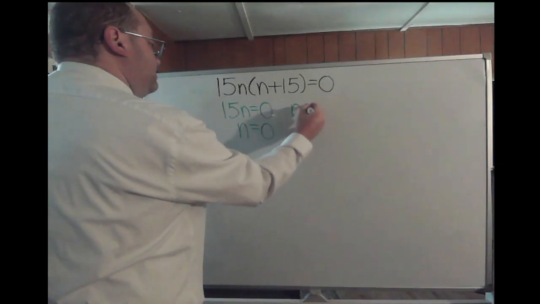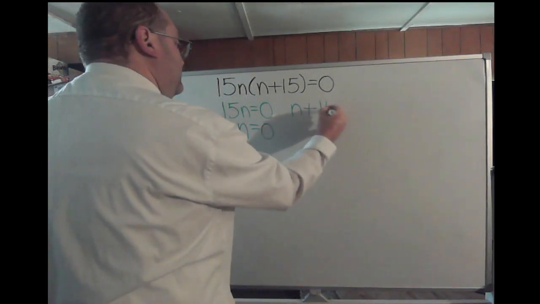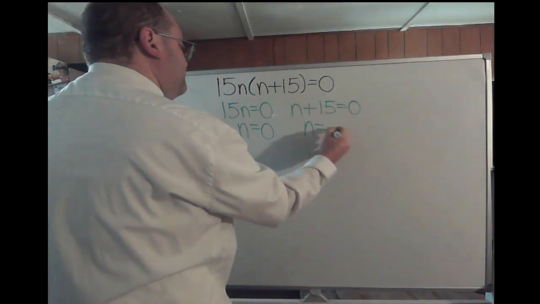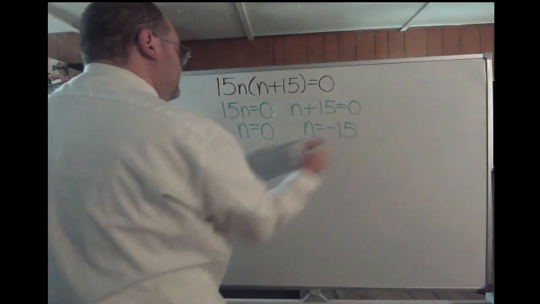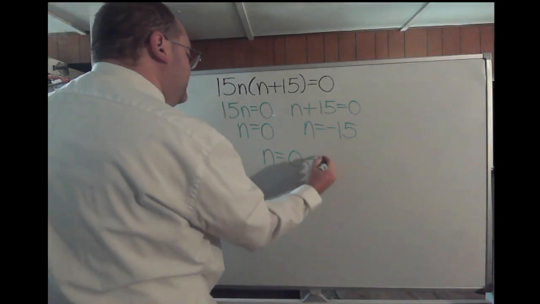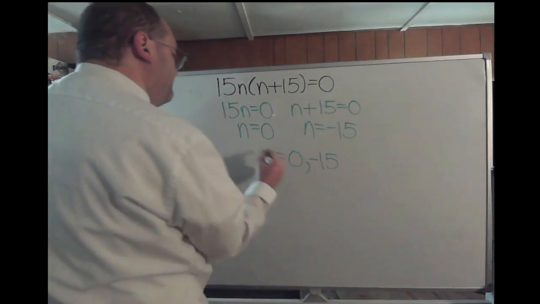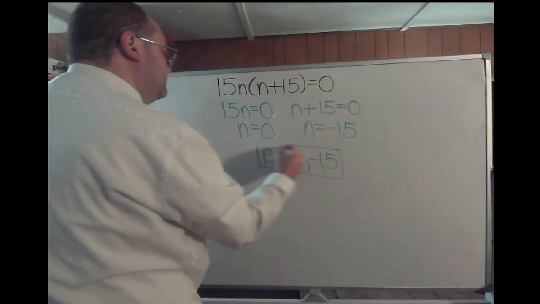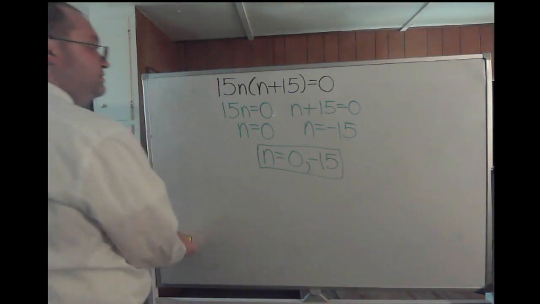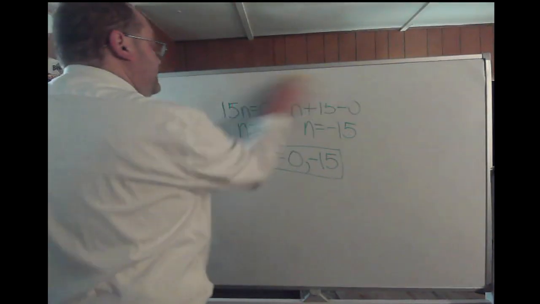Then take your n plus 15, set that equal to 0, n would equal negative 15. So n equals 0 and negative 15. So far, easy enough. Just take each of the factors, set them equal to 0.